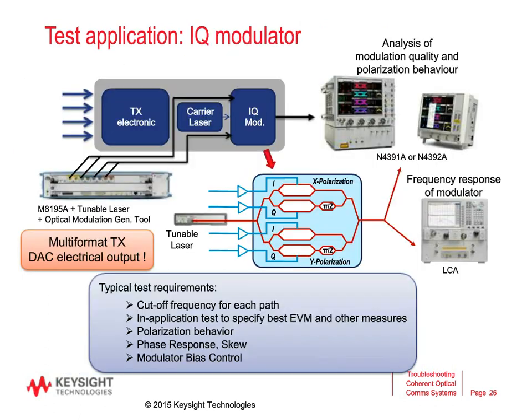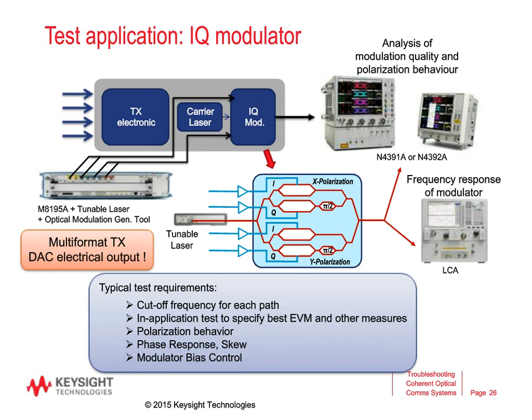Another application could be testing of IQ modulator behavior, where we stimulate the input of an IQ modulator with the arbitrary waveform generator. Furthermore, if it's possible to access the local oscillator input of the IQ modulator, we can replace that with a tunable laser source as well, and then run our tests here, hooking up one of our optical modulation analyzers to do some analysis on modulation quality and the polarization behavior.